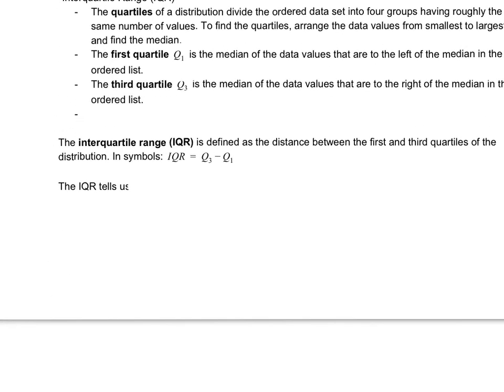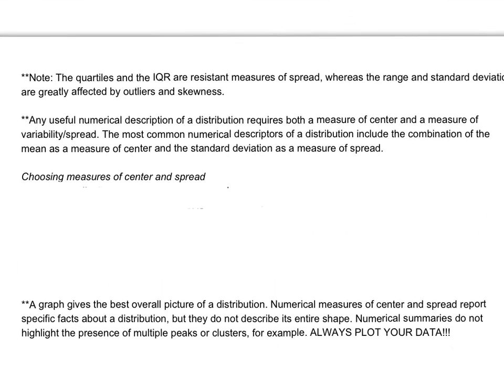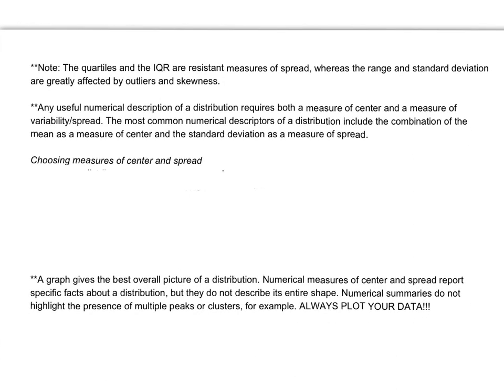So where the standard deviation tells us how far values are on average from the mean, the IQR simply gives us the range of the middle half or the middle 50% of our distribution. So it's just giving us an idea as to where the middle half of our distribution is located, how far apart these values are. So important to note that the quartiles and the IQR are resistant measures of spread.